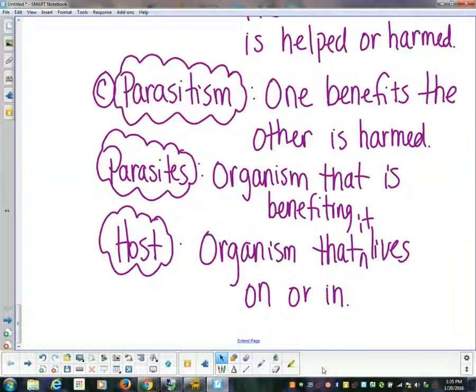Mutualism is where both organisms benefit. They both have something that helps them in their relationship. Commensalism is where one benefits and the other is neither helped nor harmed, and parasitism is where one is helped and the other is harmed. So that's it for notes.